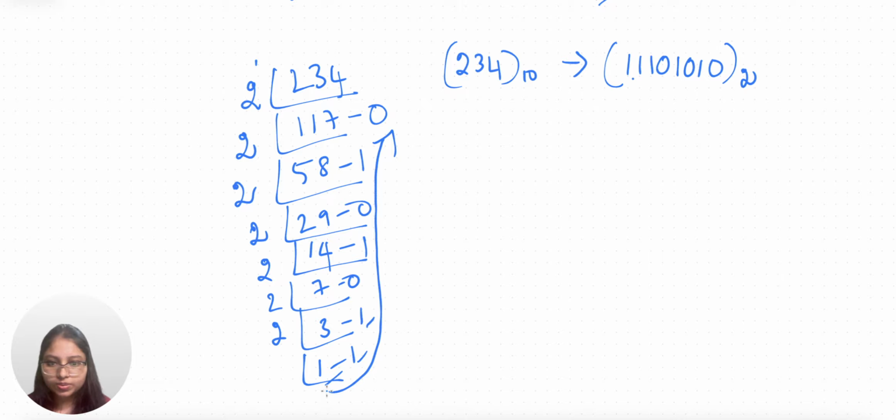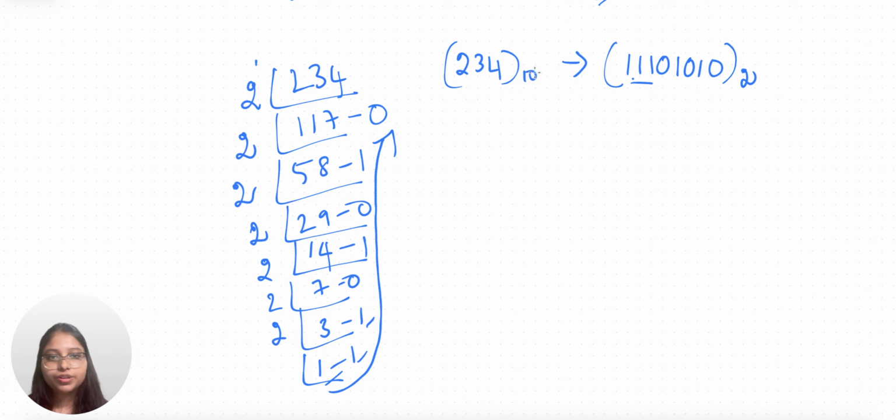So 1 is over here, triple ones, then 01010. You start writing the numbers from the bottom all the way to the top. And even when you're dividing, you have to divide all the way to the lowest possible number that you can find. Got it? So this is the straightforward approach of converting a decimal number to a binary number.